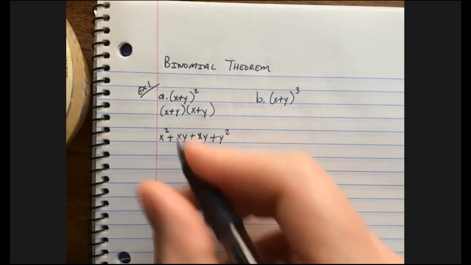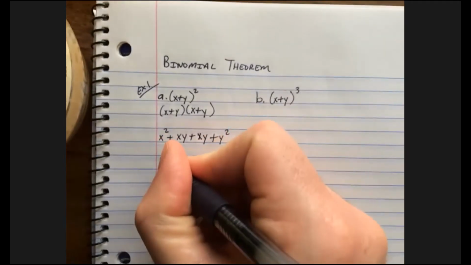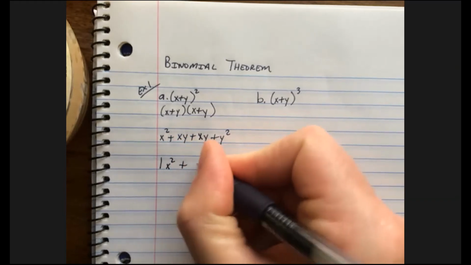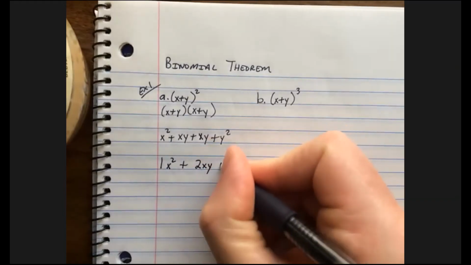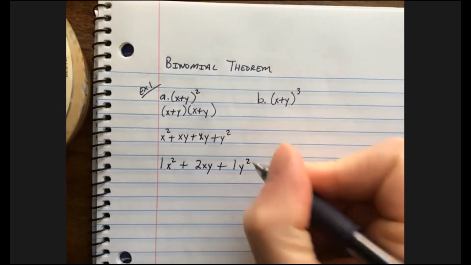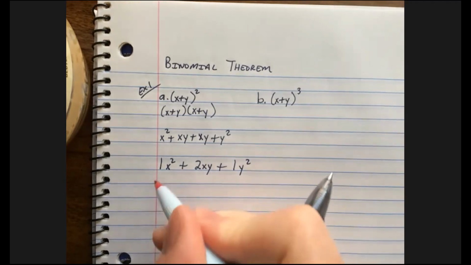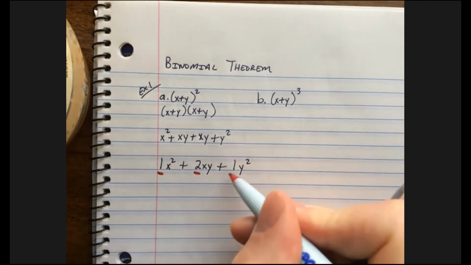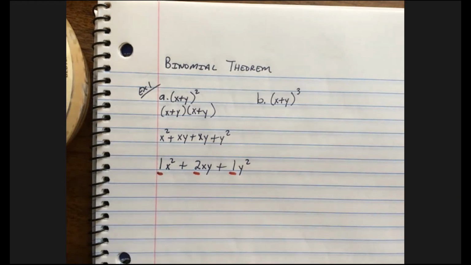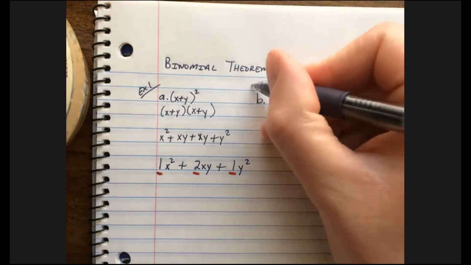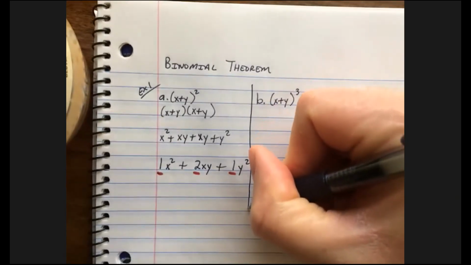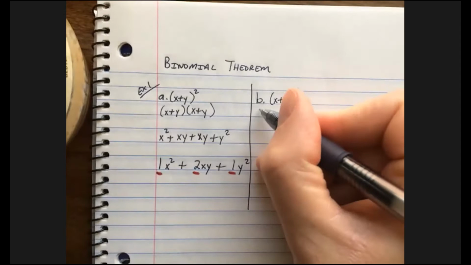So you can see we would get 1x squared plus 2xy plus 1y squared. If you look back at Pascal's triangle and pay attention to the coefficients listed, you'll notice there's that 1, 2, and 1 that's on Pascal's triangle for the degree of 2.